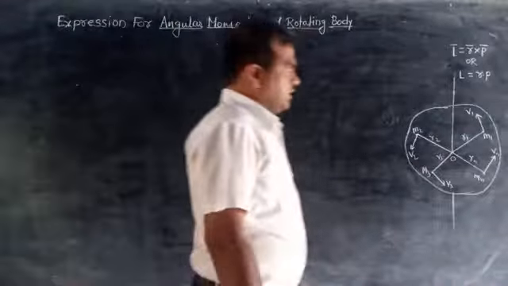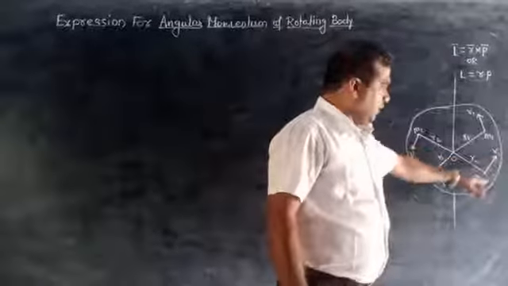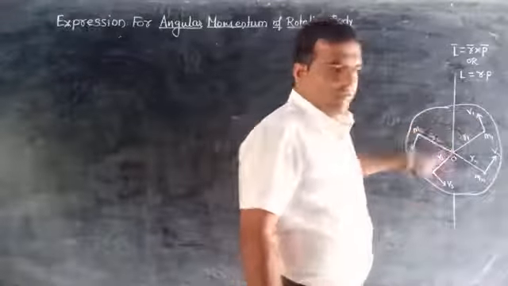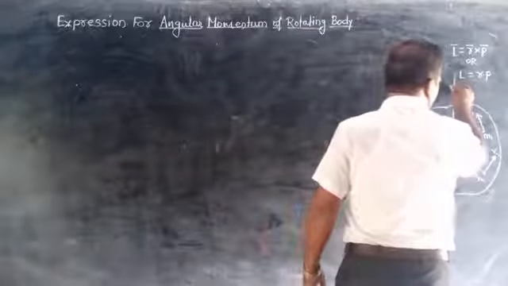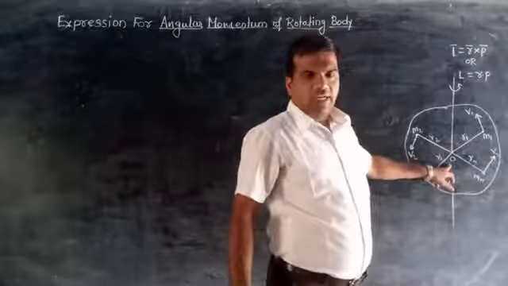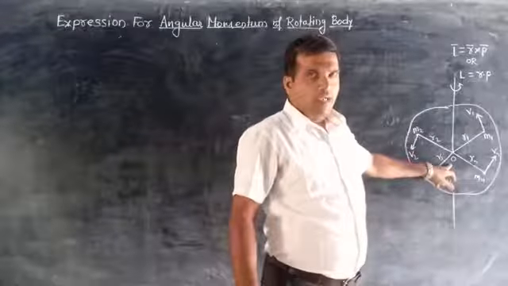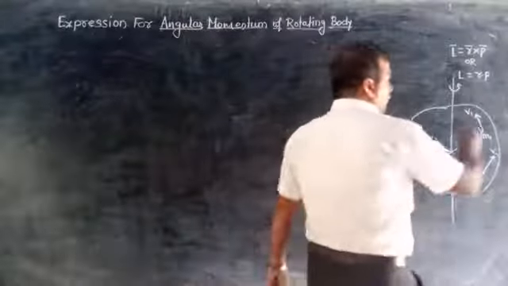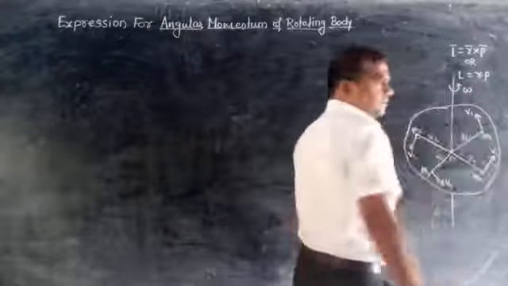For this we consider a rigid rotating body. This rigid body is rotating about an axis passing through the center, or about an axis passing through the point O and perpendicular to the plane, with constant angular velocity omega.